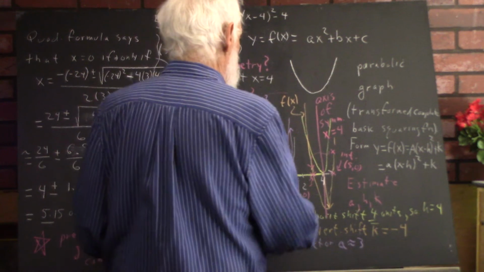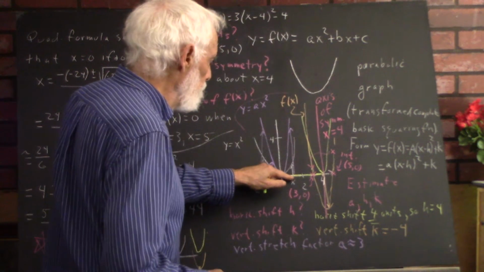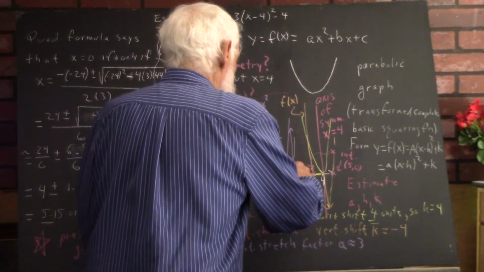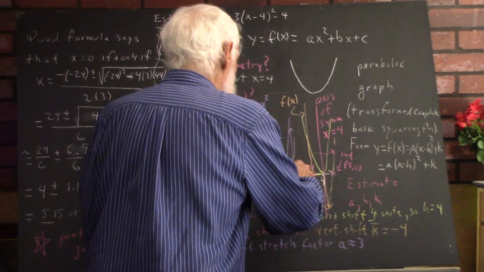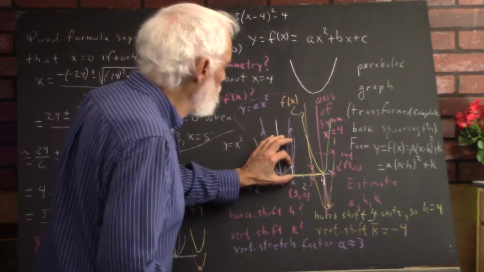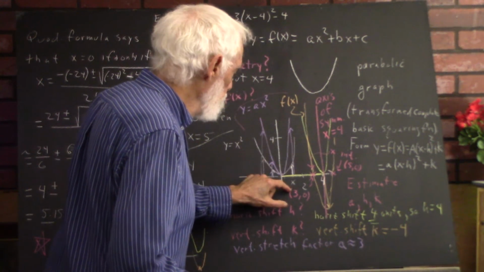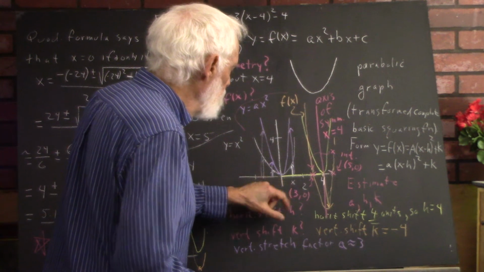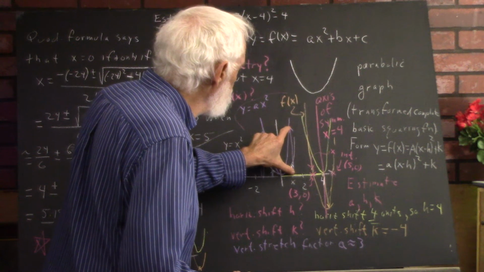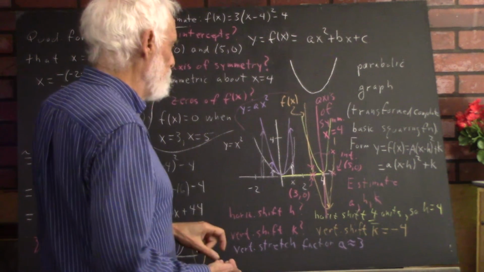We could take any point x. We took a point here, some point x, and drew a white arrow up to the graph of the x squared function. And that represents the y value for this x. And then we drew a purple arrow up to the graph of the purple function.